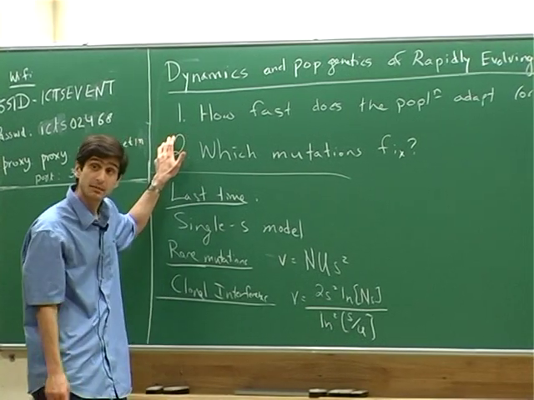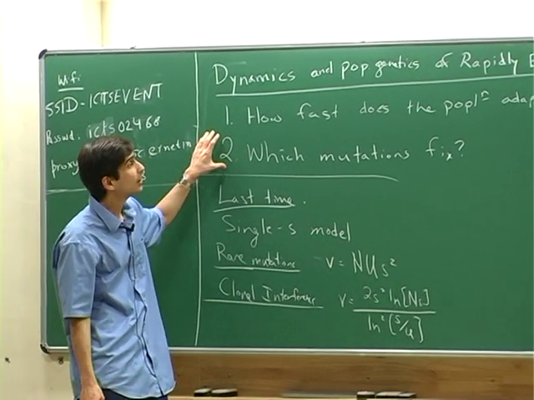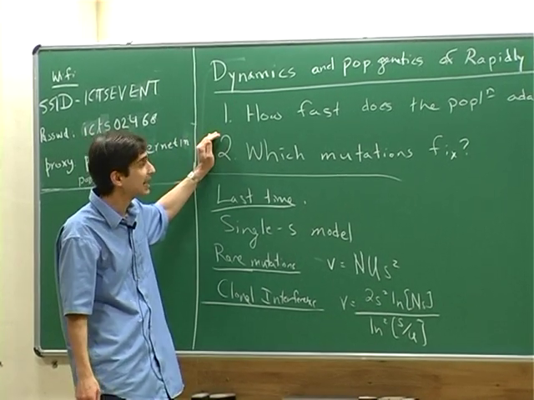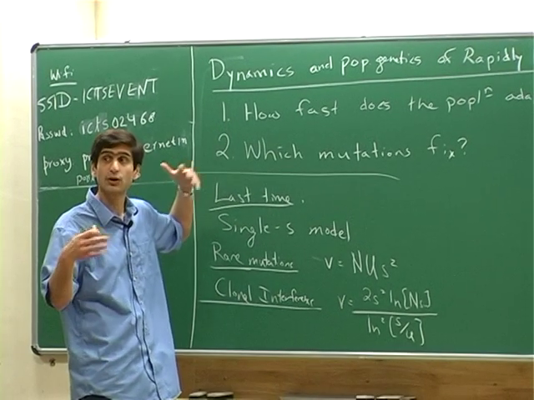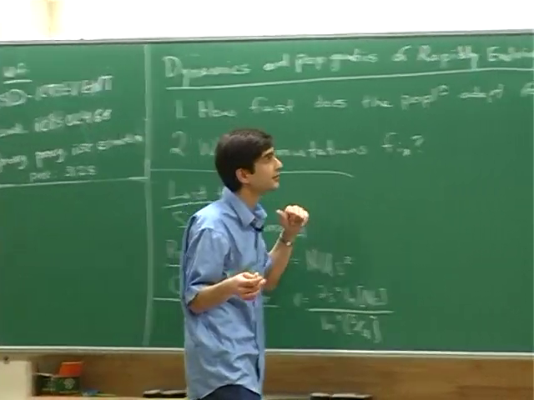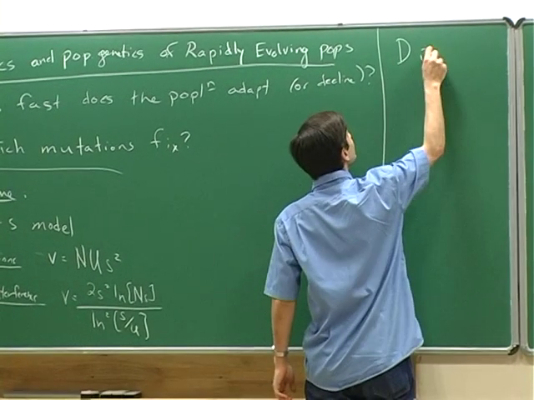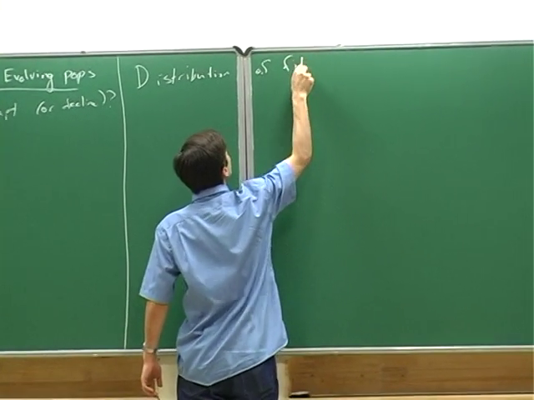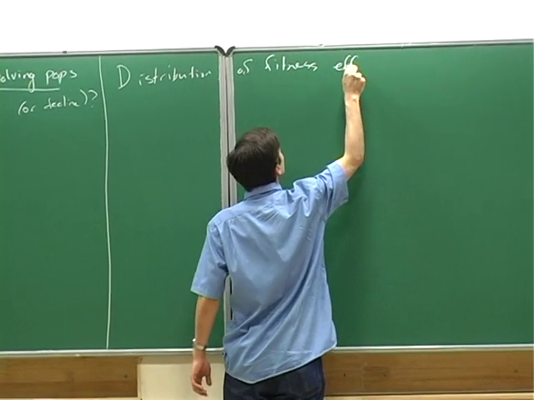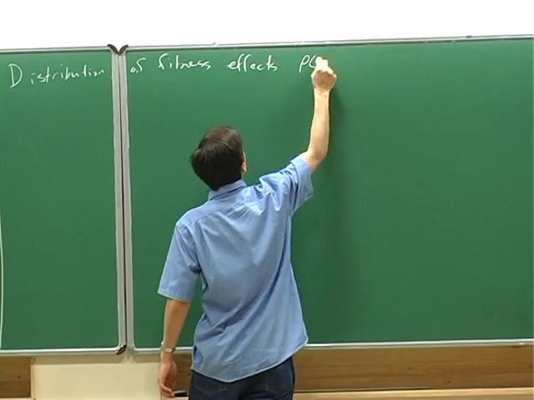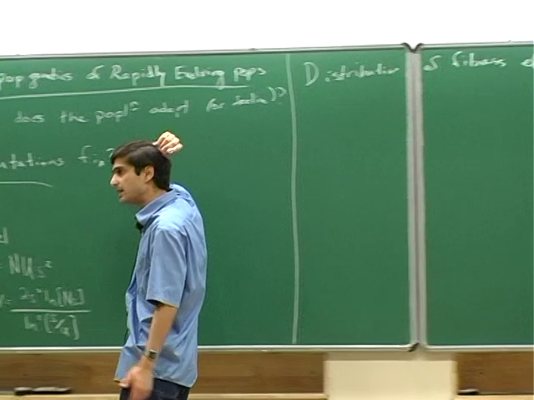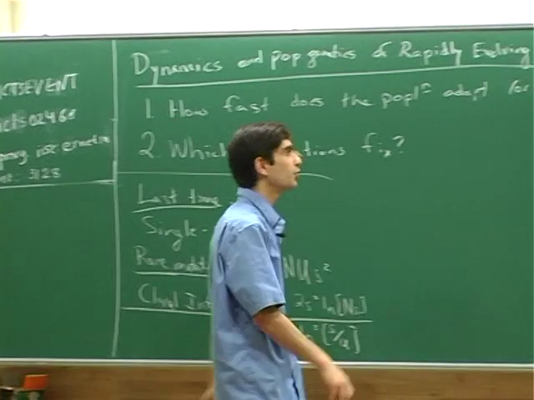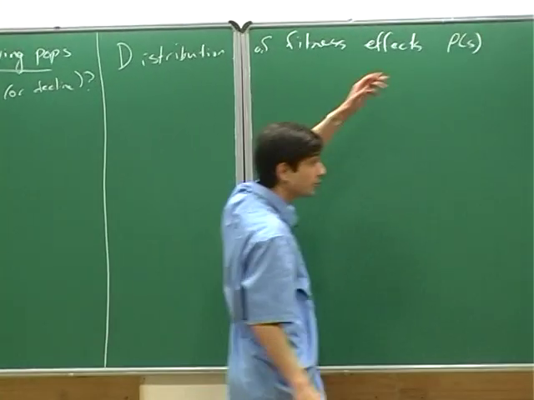And so then we started thinking about a more complicated model where we still have just directional selection, but now we have mutations that can confer some distribution of fitness effects, rho of S. This describes the probability that a given mutation has a given fitness effect. And we could imagine that this includes beneficial, deleterious, as well as neutral mutations.